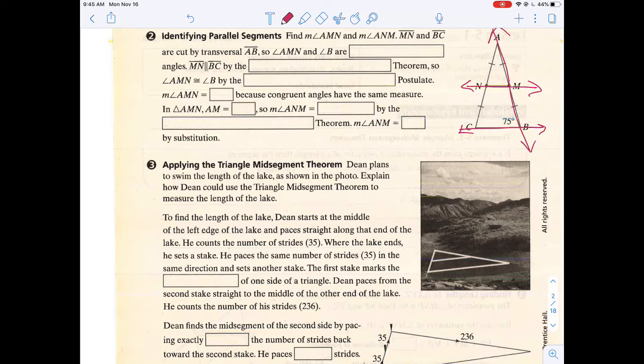So that means angle AMN and angle B are corresponding angles. Okay, so then side MN is parallel to the side BC by the triangle midsegment theorem. So we know angle AMN is congruent to angle B by the corresponding angles postulate, because we said those were corresponding earlier.